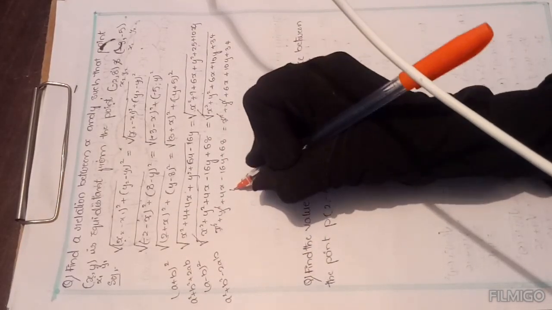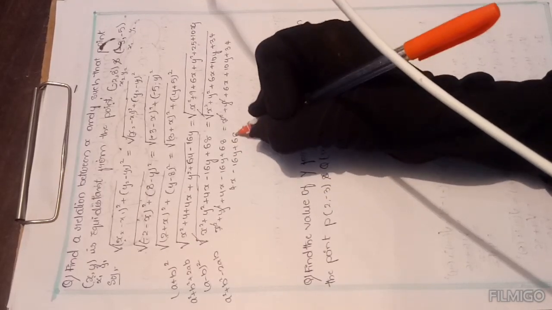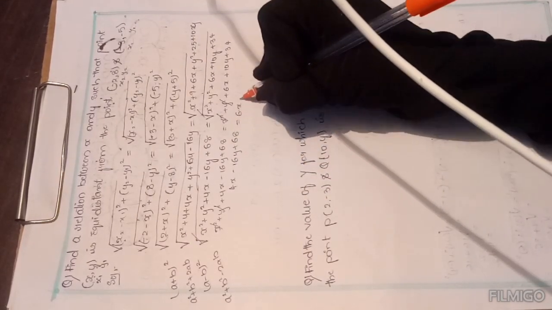We get 4x minus 16y plus 68 is equal to 6x plus 10y plus 34.